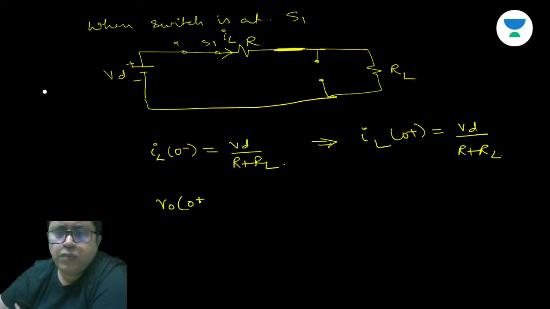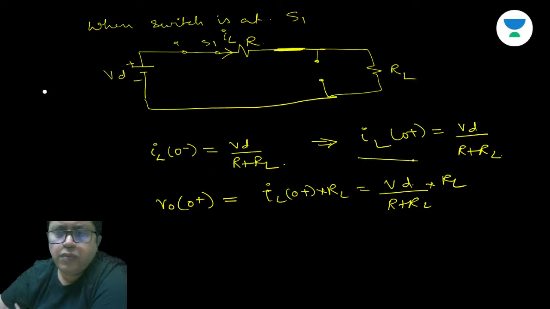Therefore, the output V0(0+) is equal to IL(0+) into RL, which is VD upon R plus RL into RL.